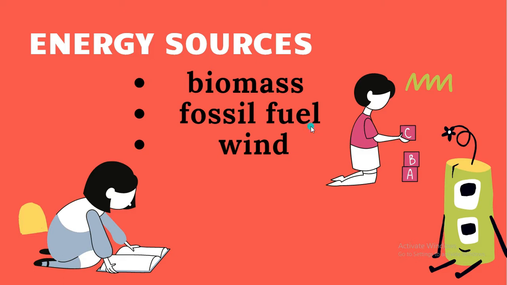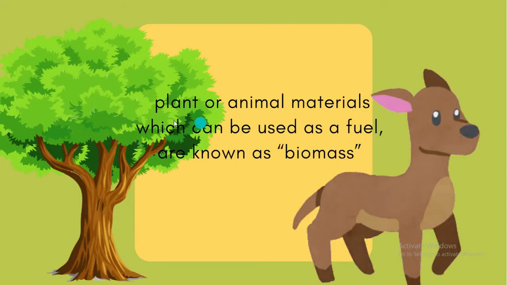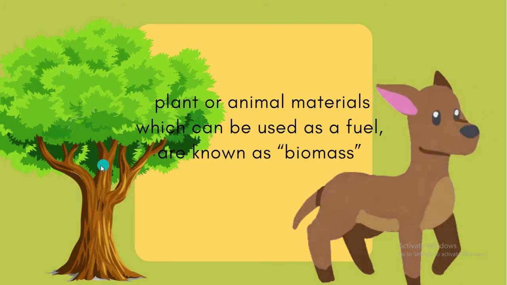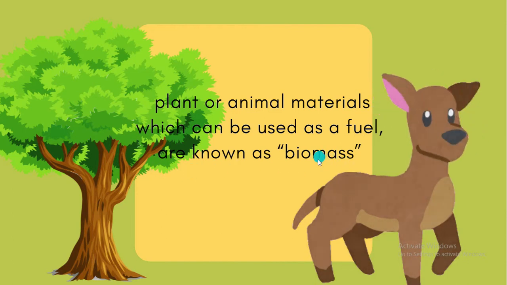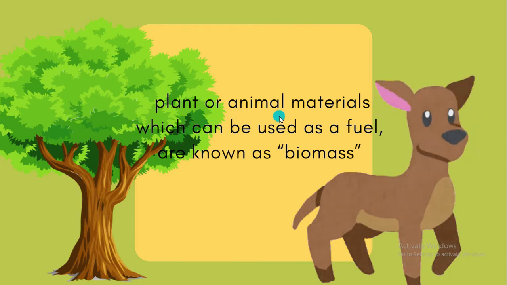Biomass. First, I will explain biomass. Plant or animal materials which can be used as fuel are known as biomass. What is biomass? Plant or animal materials. That means materials, the parts of the plant.